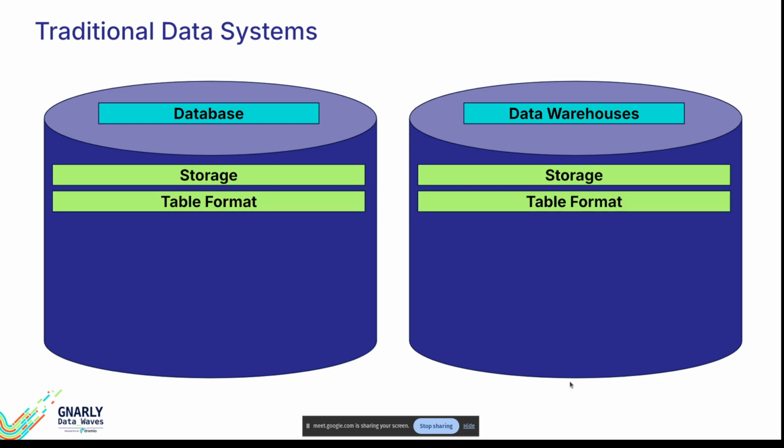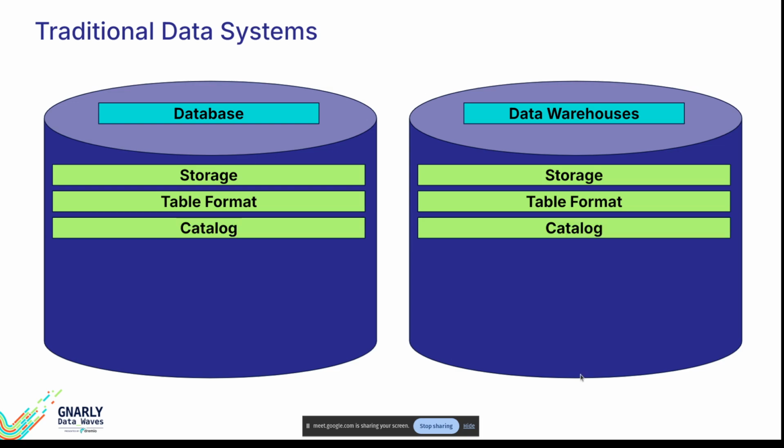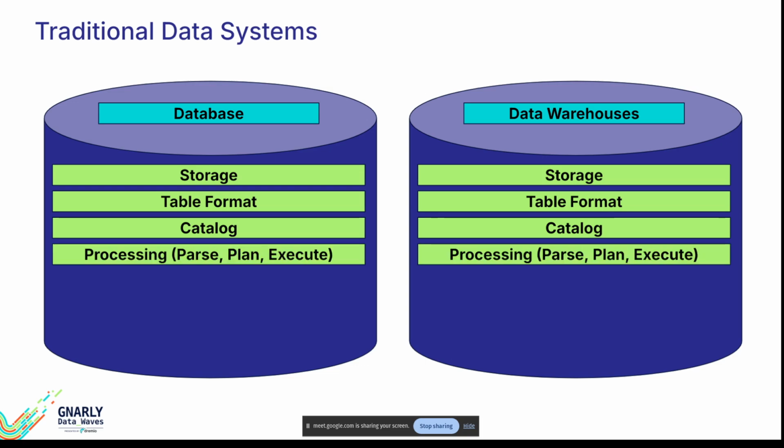They figure out how we recognize which portions of that stored data are table 1 and table 2, a table format. And they maintain a catalog of those tables, so that I'm able to see, hey, here's a listing of tables that are available in my system. And they do data processing, so I can write an SQL query, which gets parsed, turned into an execution plan, and then eventually executed.